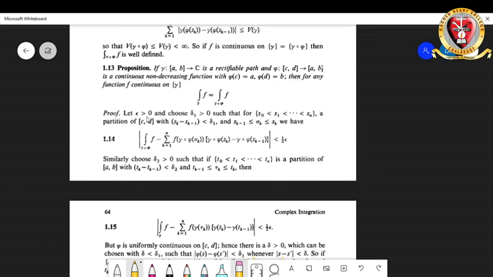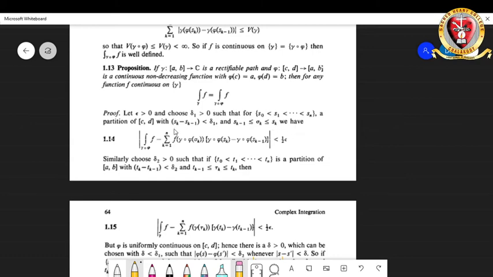To prove it, suppose epsilon is strictly greater than 0, we have to choose delta 1 strictly greater than 0 such that we are partitioning it S naught strictly less than S1, strictly less than etc., strictly less than Sn, a partition of closed interval CD with modulus of sk minus 1 is strictly less than delta 1, and also sigma k is coming inside sk minus 1 and sk.